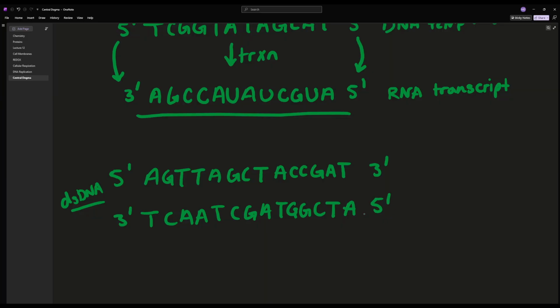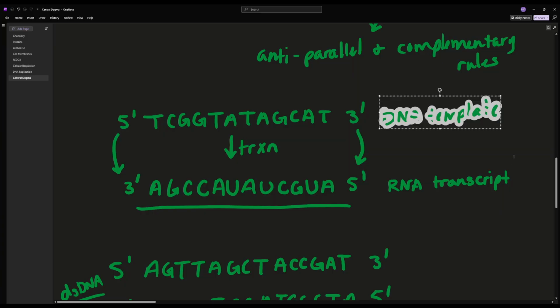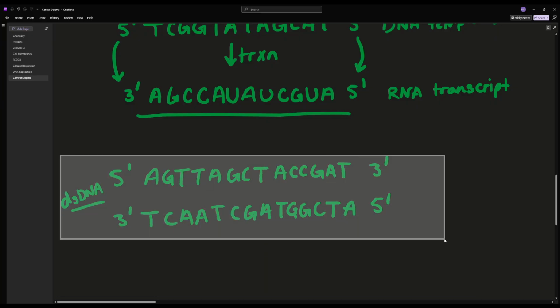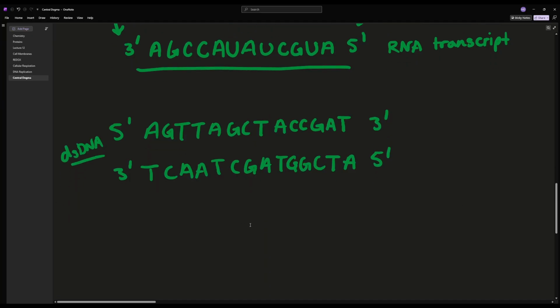My question now can be, all right, which one of these am I going to use as my template? Up here, I gave you just single-stranded DNA, and I told you this was the template. But here, because I've not given you this information, we don't know. Either of these could be the template strand. Remember, RNA polymerase is going to read from 3 prime to 5 prime, and it's going to polymerize 5 prime to 3 prime.